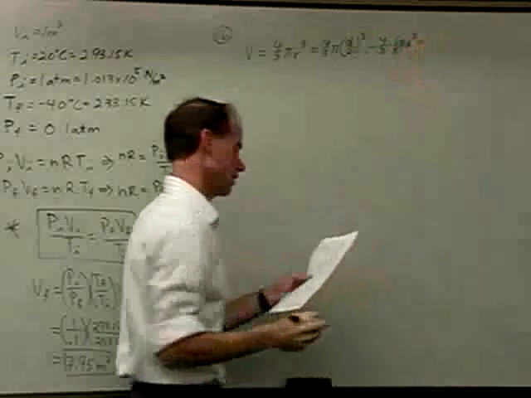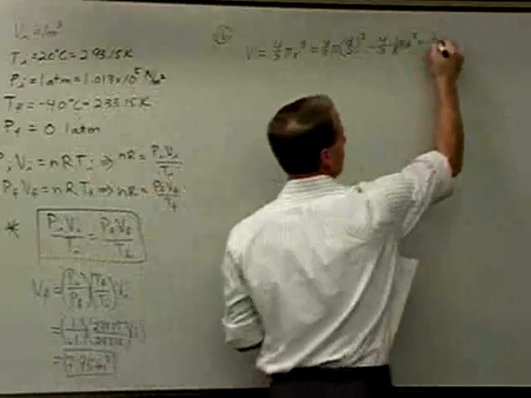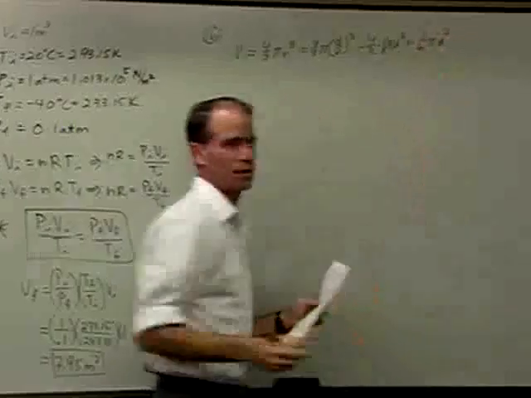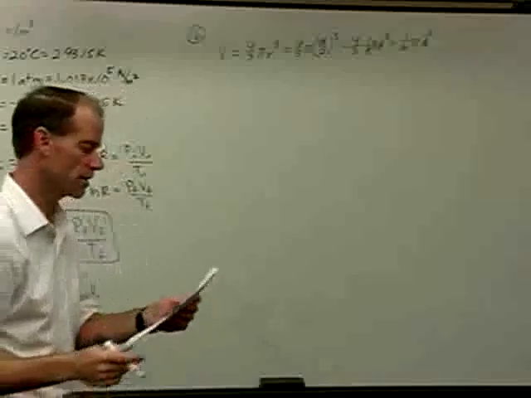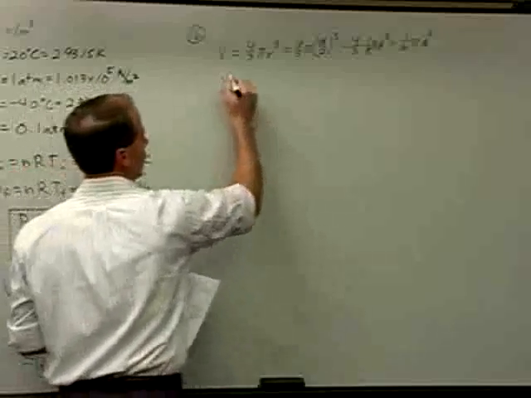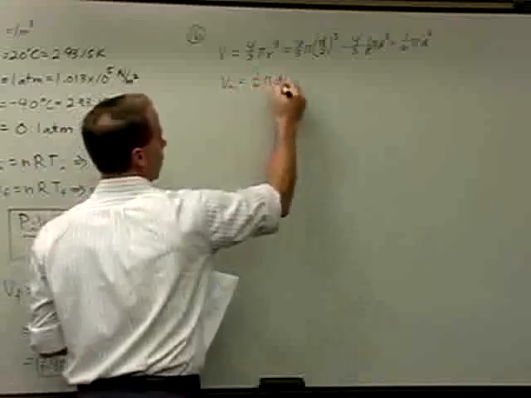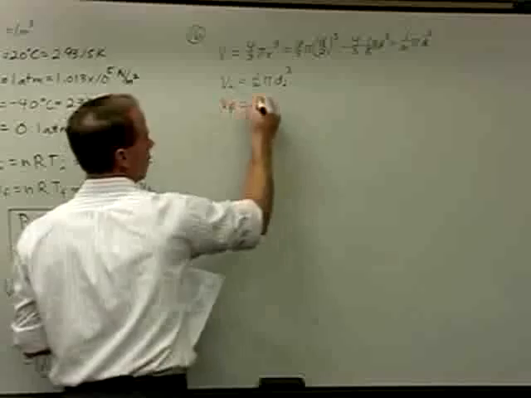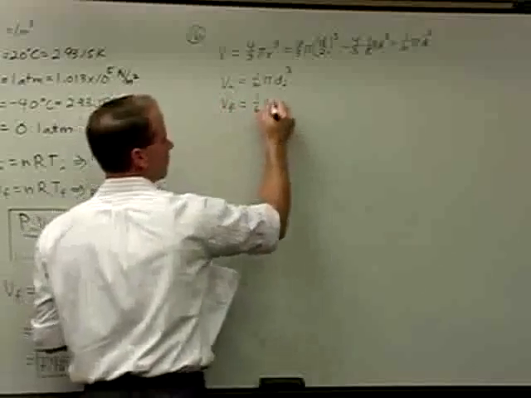So that will be 4 divided by 24, or 1/6 pi diameter cubed. That's just the volume of a sphere. So our initial volume will be 1/6 pi initial diameter cubed, and our final volume will be 1/6 pi final diameter cubed.